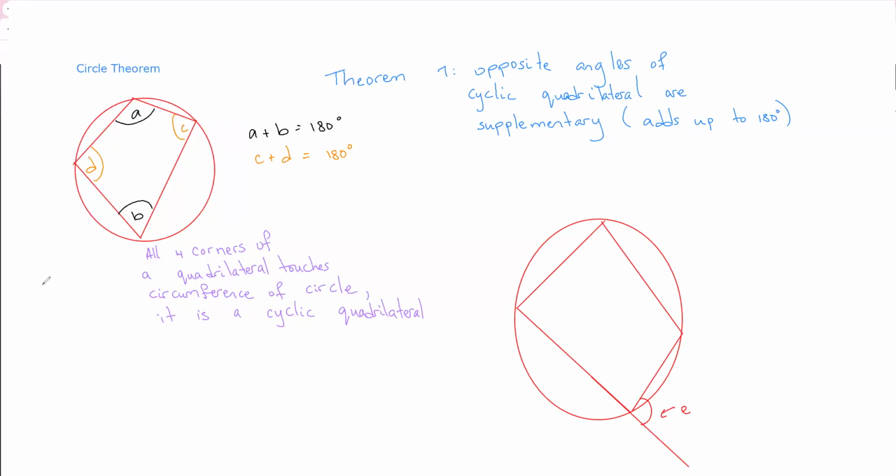Let's change the color so you'll see it better. This angle is on the outskirts of the cyclic quadrilateral, so we can call this an exterior angle. Basically, I'm going to write the theorem. This one is going to be theorem 8.